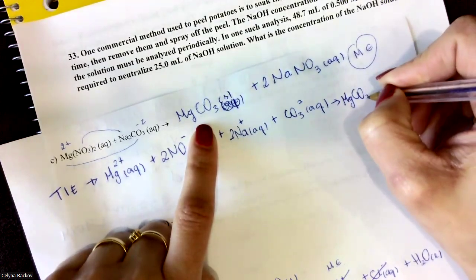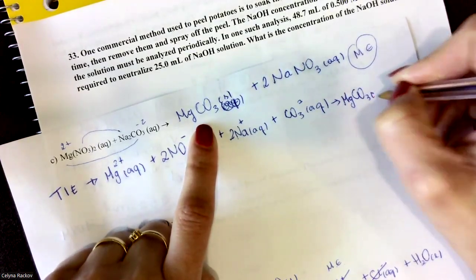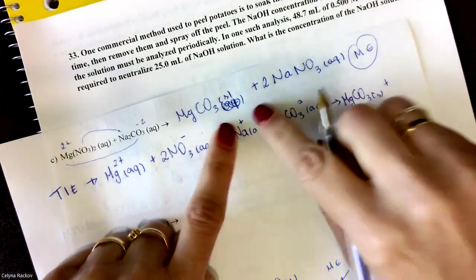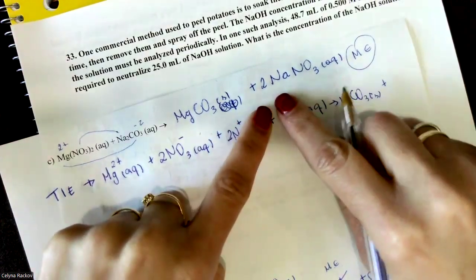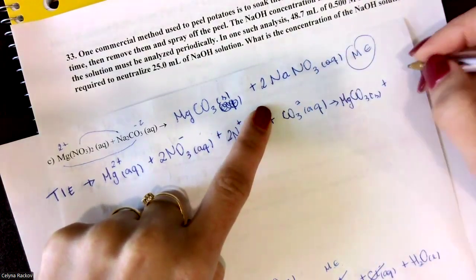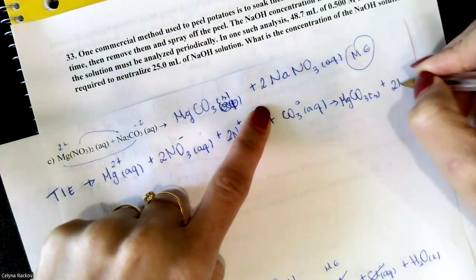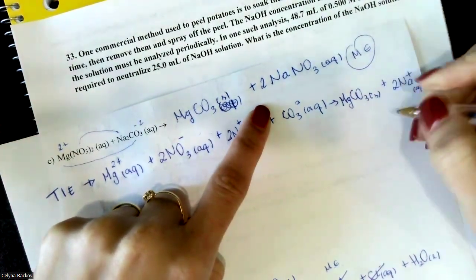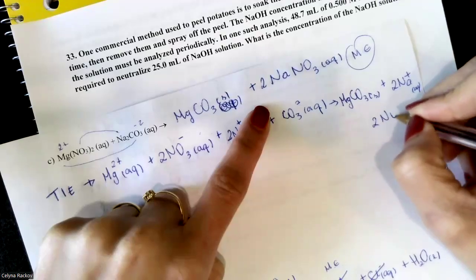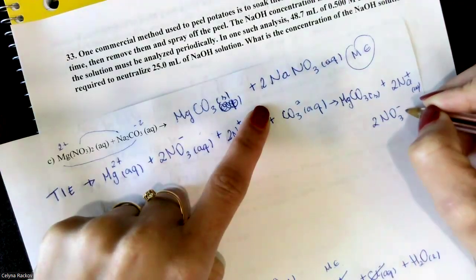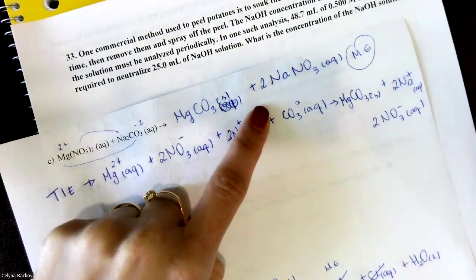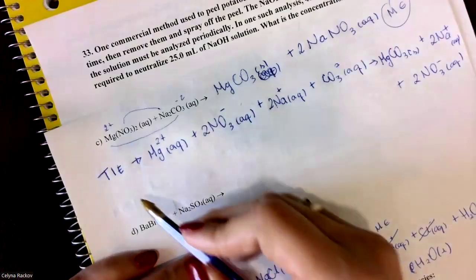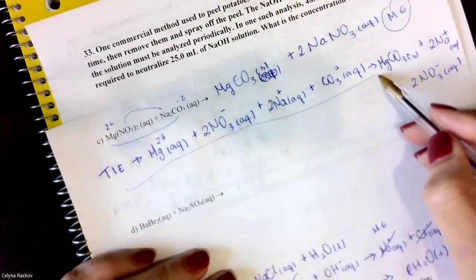Magnesium carbonate, solid, for the products, and then dissociate here to 2 sodium plus and 2 nitrate. Plus 2 sodium plus, and 2 nitrate, right? Okay, this is the total ionic equation.